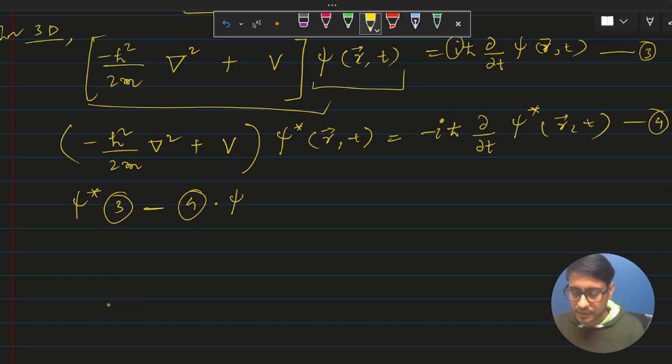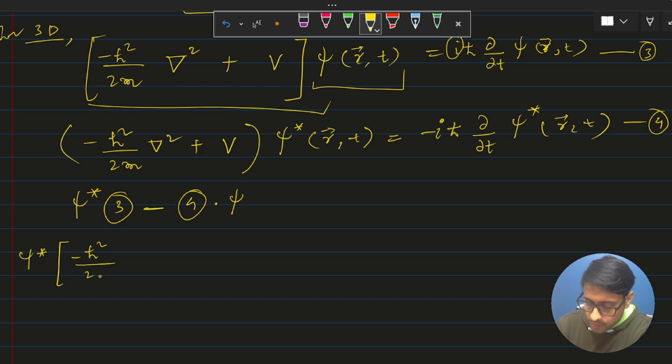If I multiply psi asterisk, the psi conjugate we can also call it, then minus h bar square over 2m del 2 plus v, then the psi.